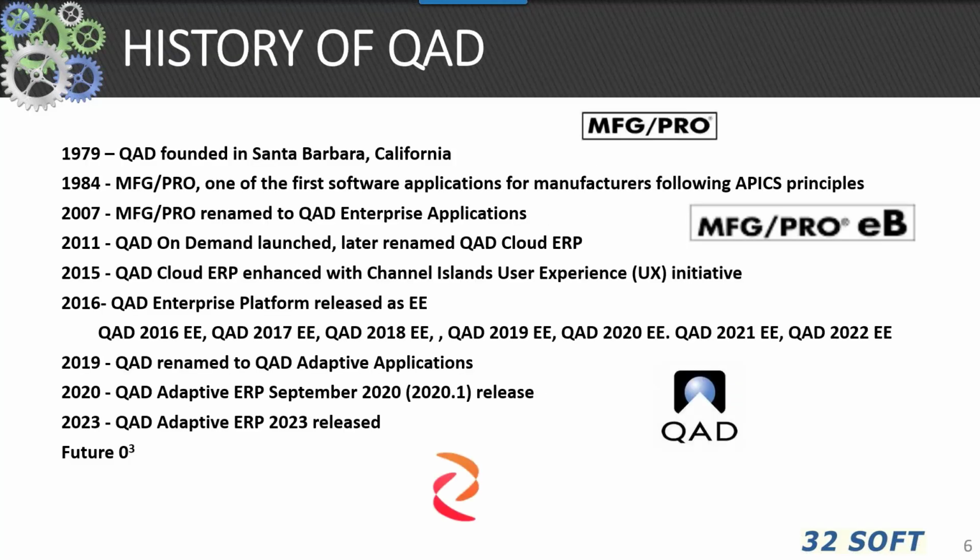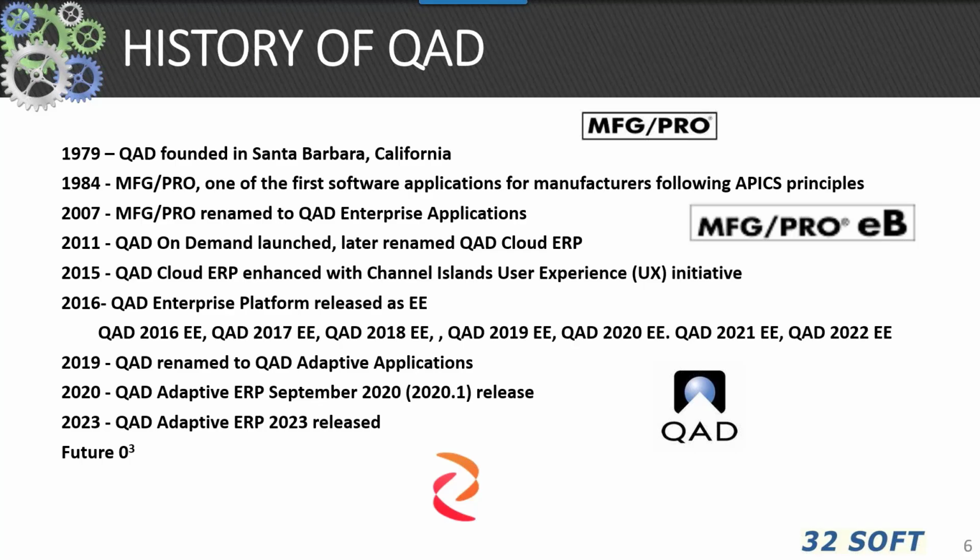So we get an idea of where we've been, let's just take a quick look at the various versions of QAD over the years. In 1979, QAD was founded in Santa Barbara. Then in 2007, MFG/PRO changed its name to QAD Enterprise Applications. 2015 saw the advent of the UX interface.